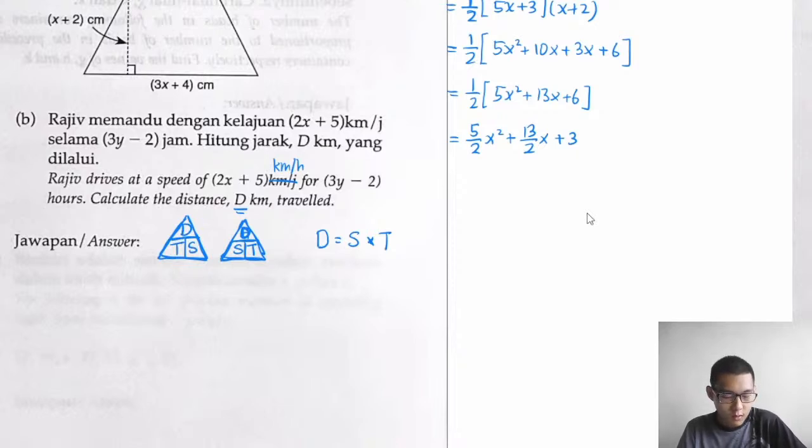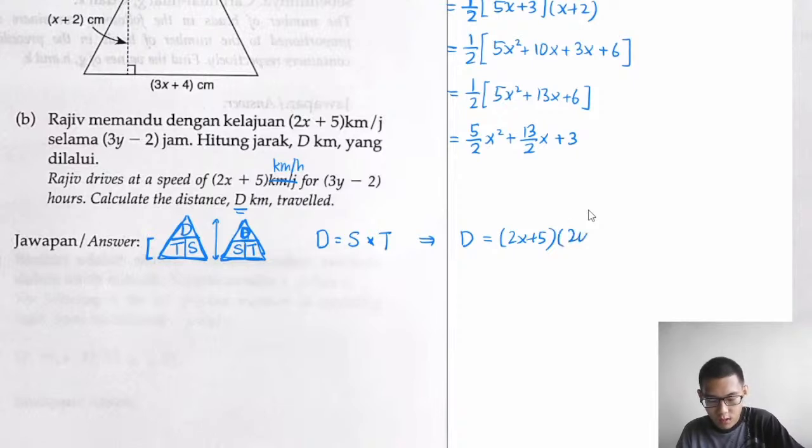The below here is a multiply relationship between them. The up and down is using fraction. So now we have D, S, and T. The distance is d km, the speed is 2x plus 5, and the time is 3y minus 2.